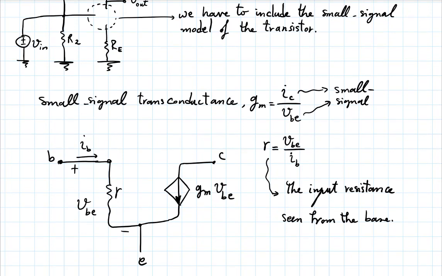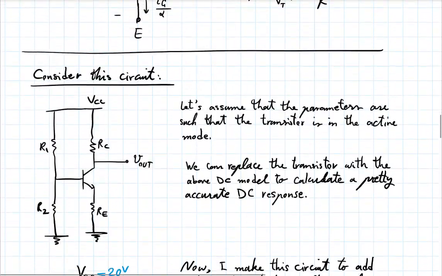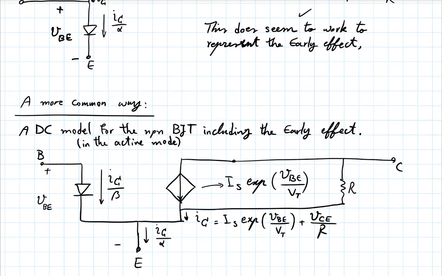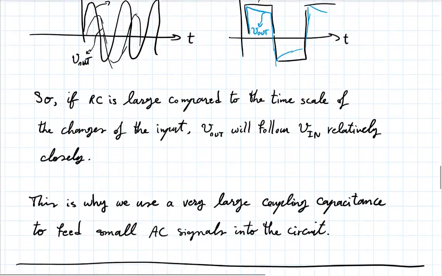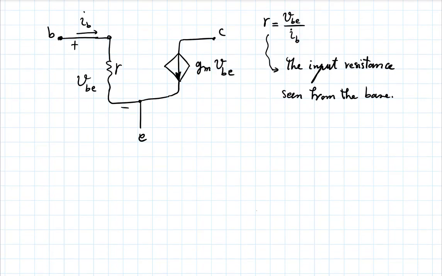That is the ratio of small changes in the base-emitter voltage divided by small changes in the base current, which again you can find in a similar manner to gm because you have the equations. This base current is just the current of that diode, and it has that exponential form. You can take dv_BE by d of this current, and you get that. You can find it exactly in the same manner as we found for gm.